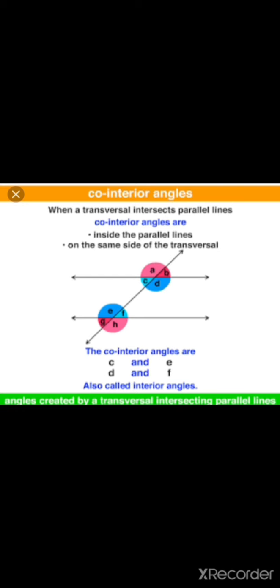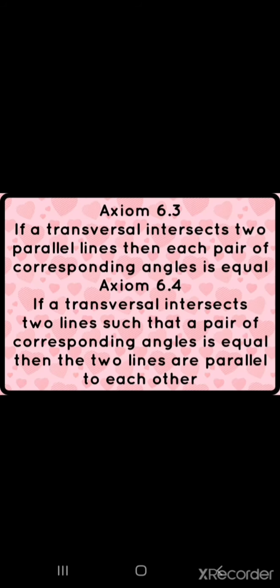Similarly, D and F is another pair of co-interior angles, on the same side of the transversal and also interior. So, 2 pairs of co-interior angles are there if a transversal intersects 2 parallel lines.